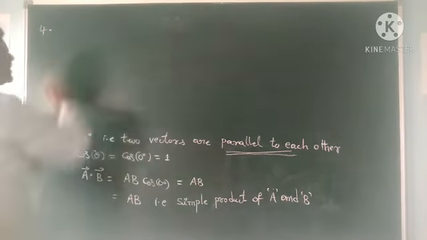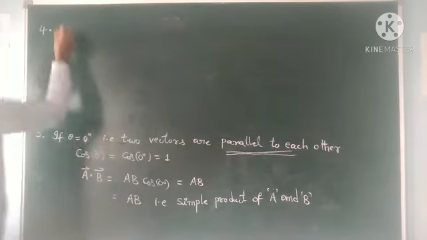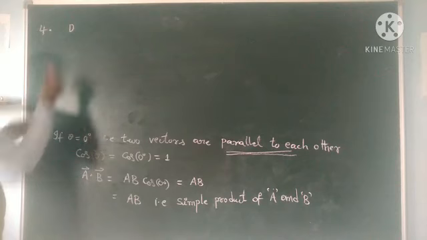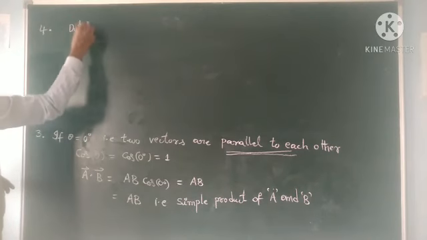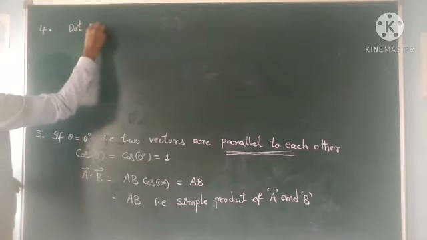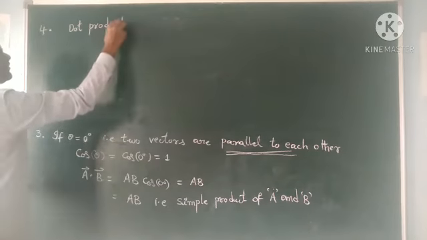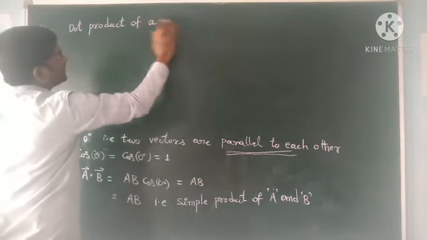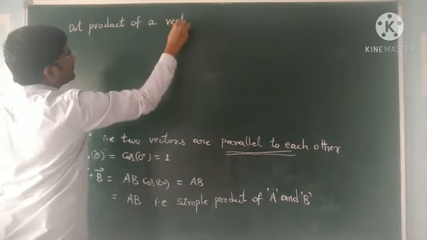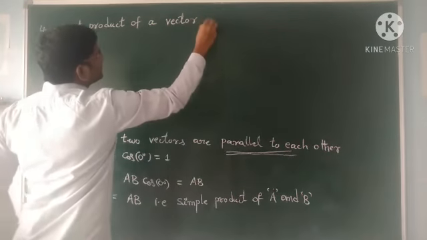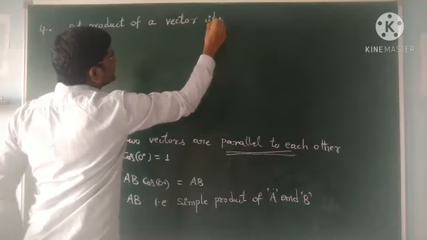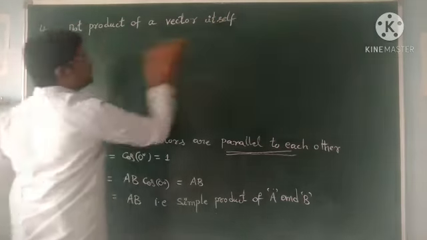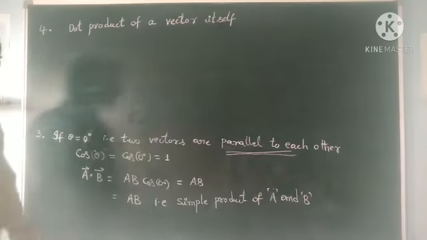Okay, then see the dot product of a vector with itself.